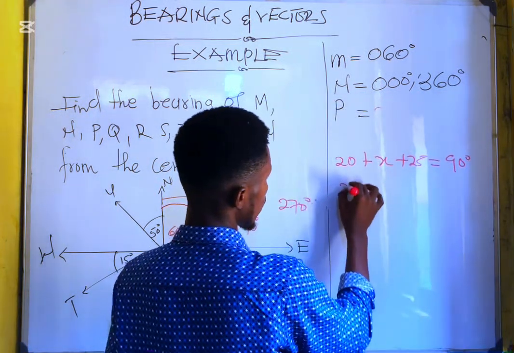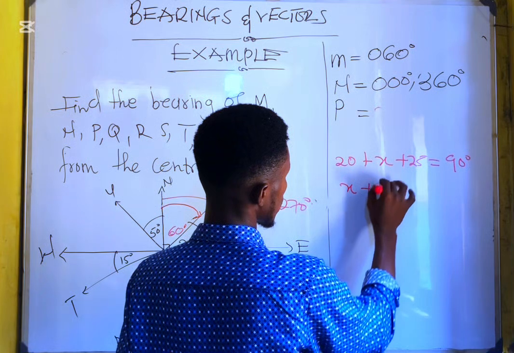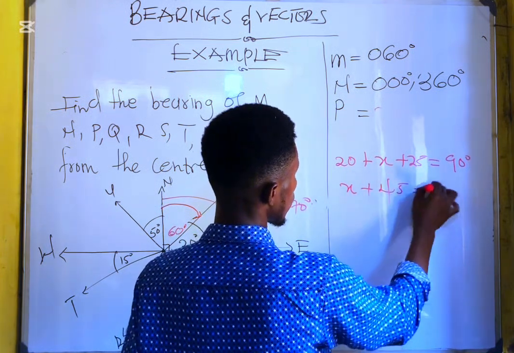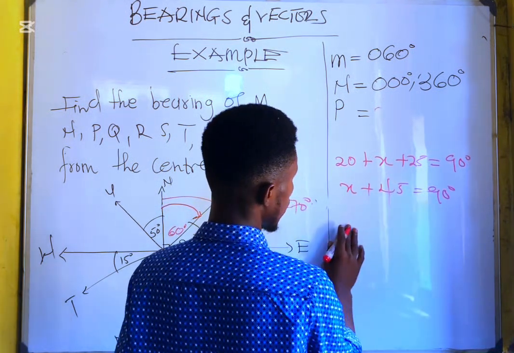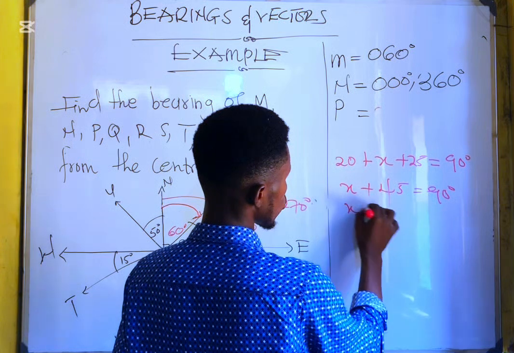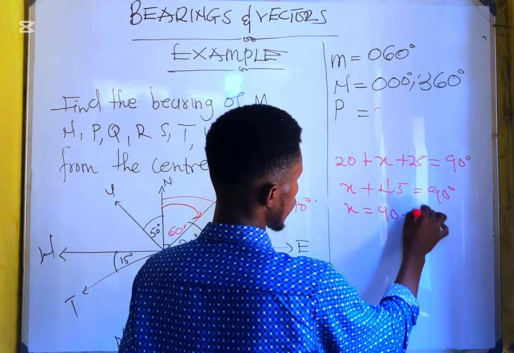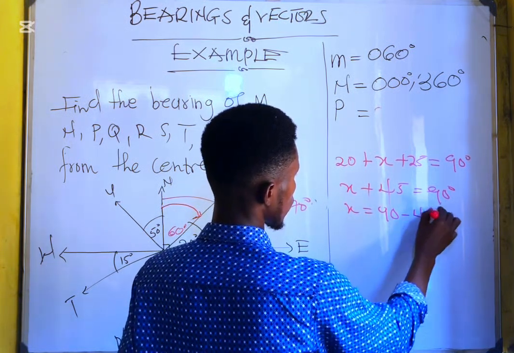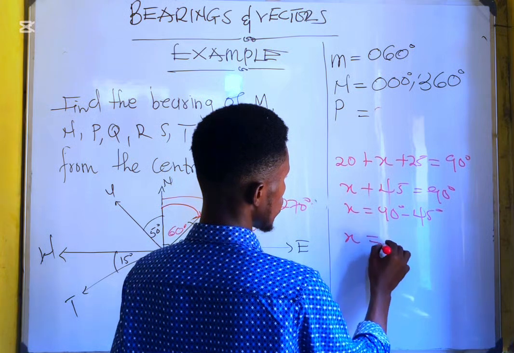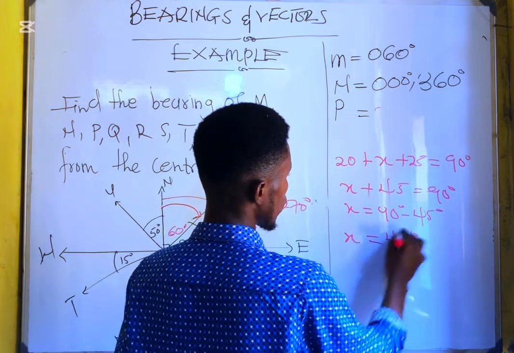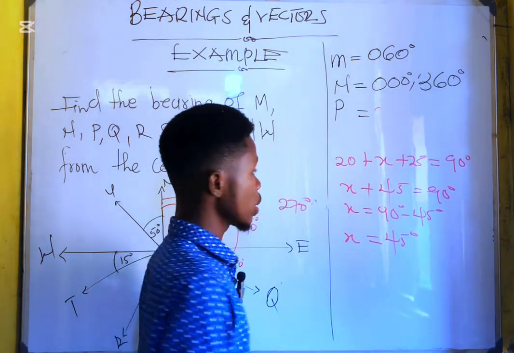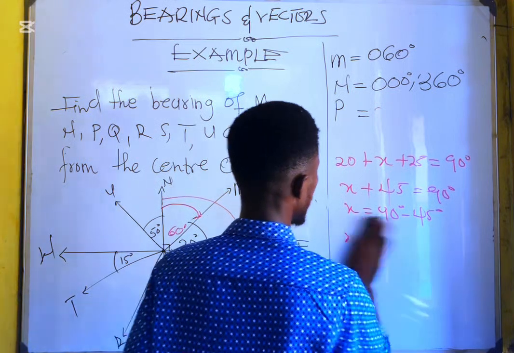So x plus 45 equals 90 degrees. Then x will be 90 minus 45. So x will be 45 degrees. Is that okay?